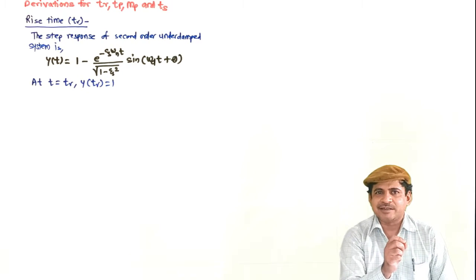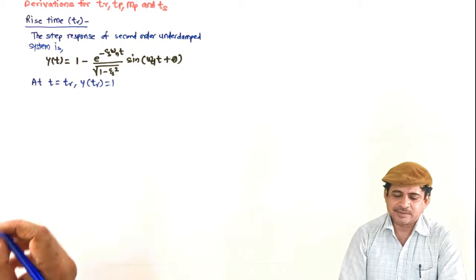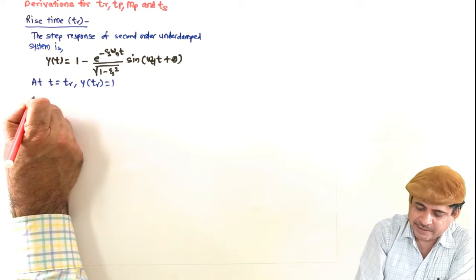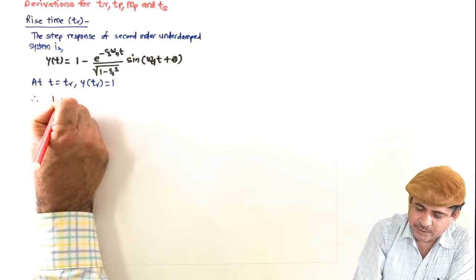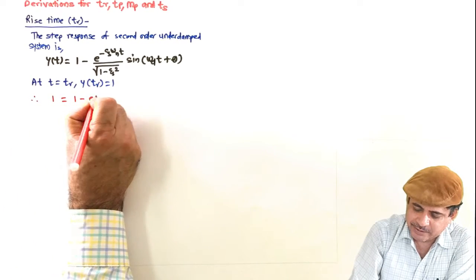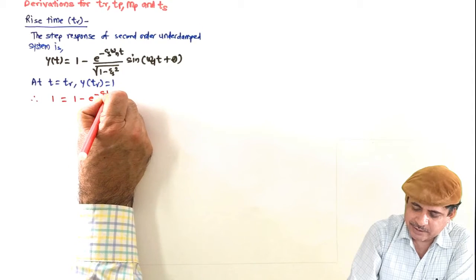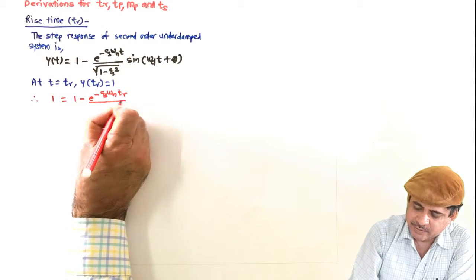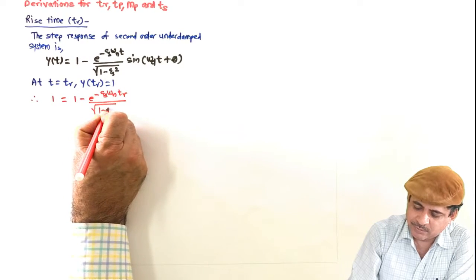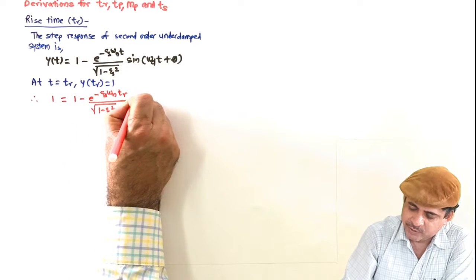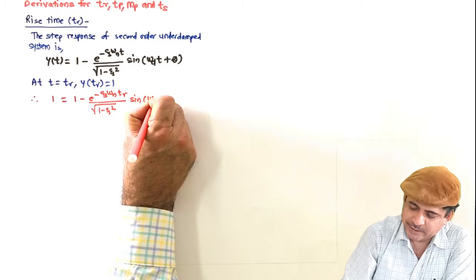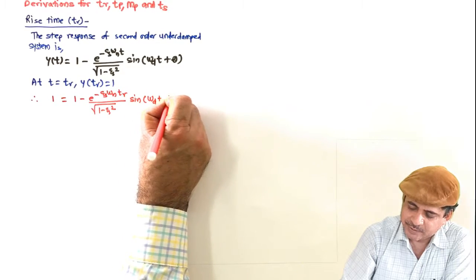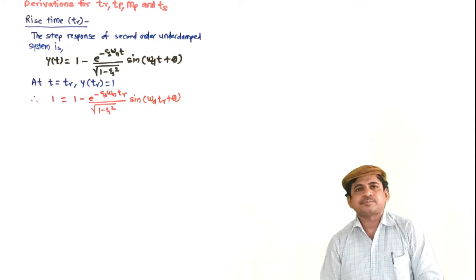So at t equal to tr, output is 1, and hence 1 is equal to 1 minus e raised to minus zeta omega n tr divided by under root 1 minus zeta square into sine omega d tr plus theta.